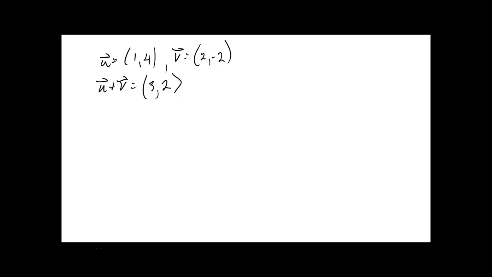Square root of 3 squared plus 2 squared, which is the square root of 13, which is a little bit less than the square root of 16. Notice here, even though this is the sum of those two vectors, the magnitude of this is actually less than the magnitude of that.